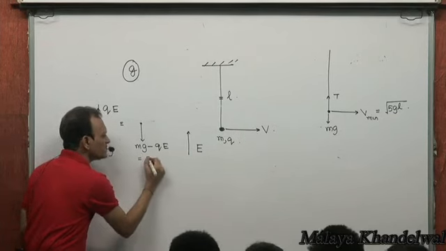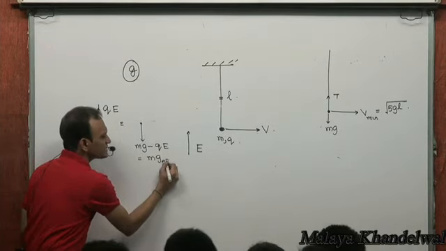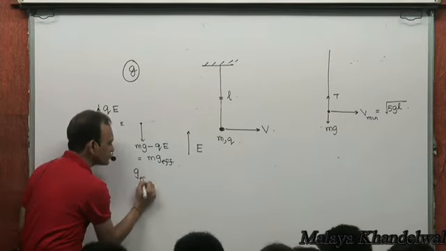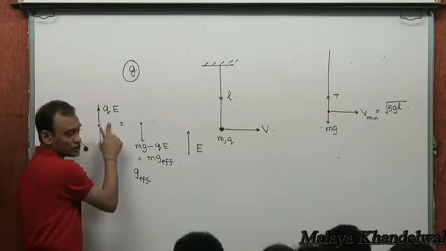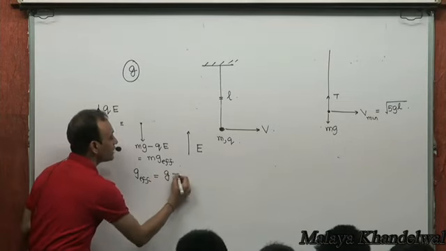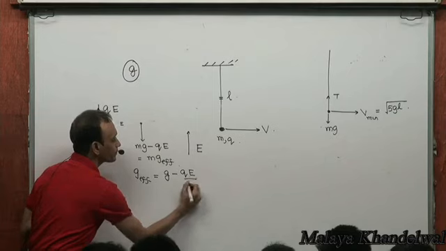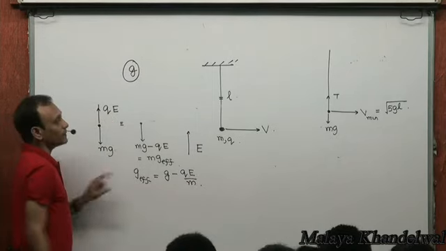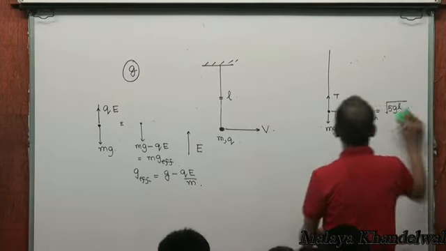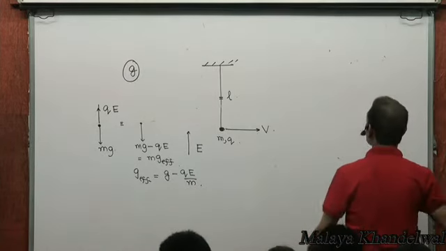right? Which is as if there is a g effective, which is mg effective, right? So the g effective for the situation, or the equivalent g for the situation in which there is an electric field acting, is like g minus qE by m. That means I can replace this situation by one in which, let's say, there is no electric field, but g has become g effective.